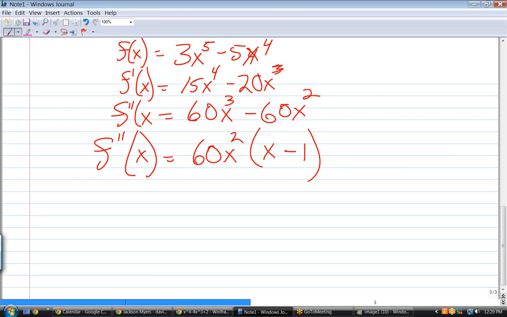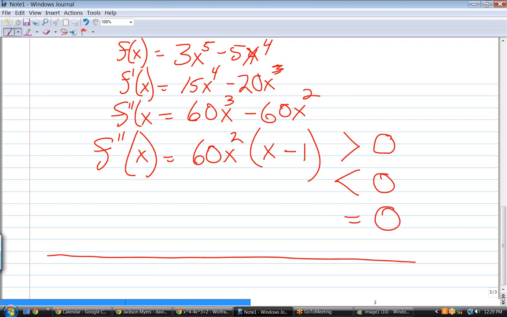All right. Okay. And so now the three questions: where is it concave up, where is it concave down, and where are the inflection points? Okay, so we're going to do a sine curve.